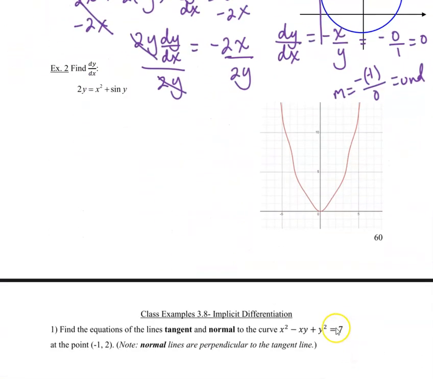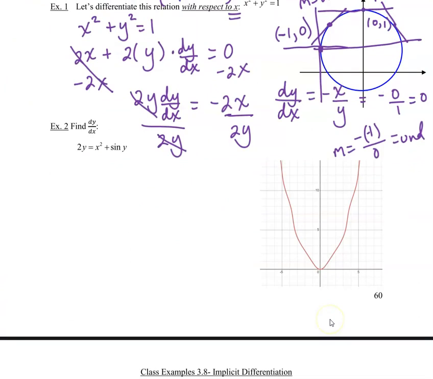Let's do another example. It says, find the derivative of this expression, 2y equals x squared plus sine of y. The graph is this funny looking graph right here. So I'm going to go down the line, left to right, take the derivative. So 2y, the derivative of that will be 2 times the derivative of y, which is dy dx.